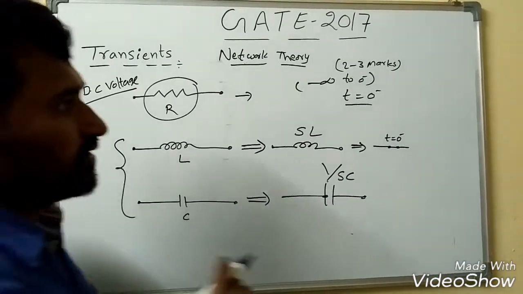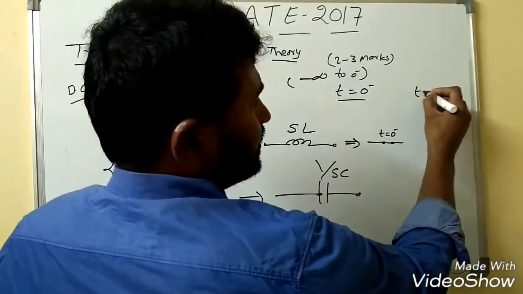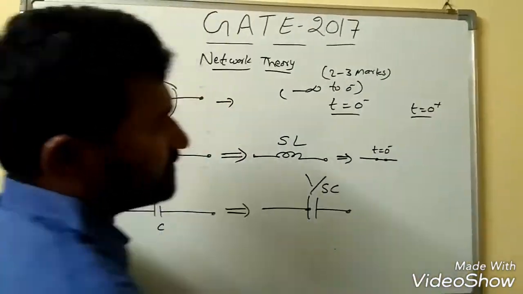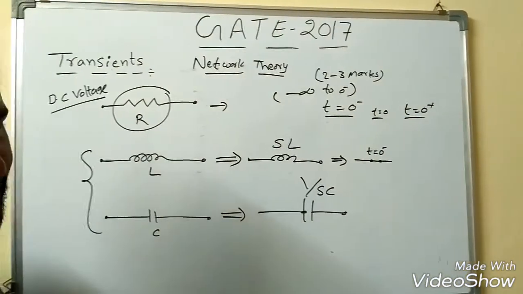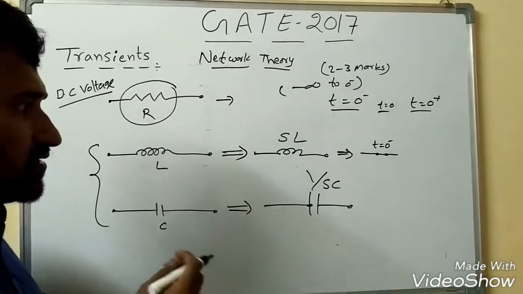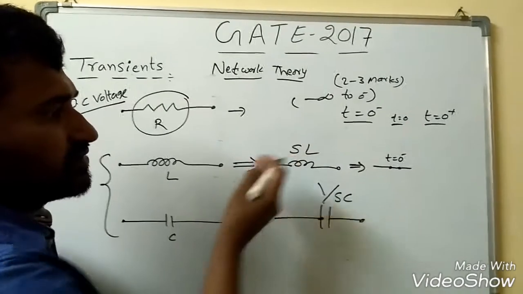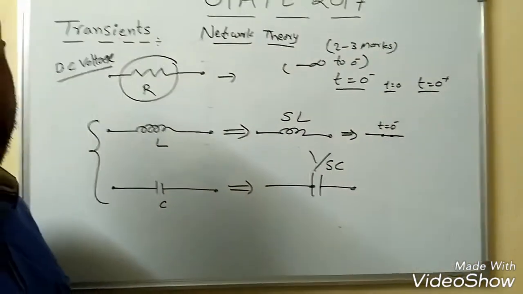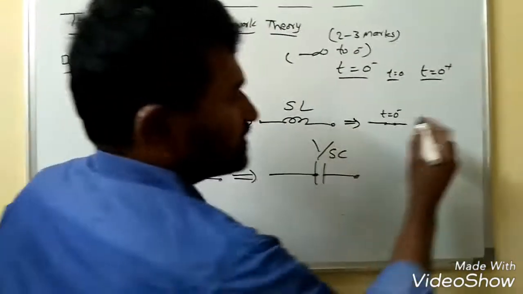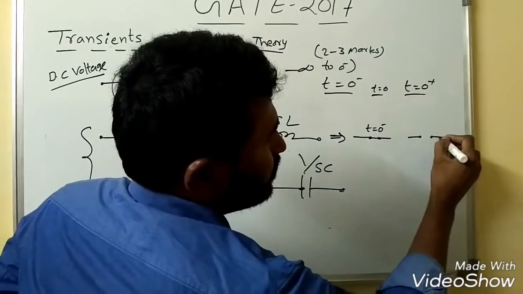Remember this point. Next, at t equal to 0 plus, suppose I apply a sudden change in the voltage or current, a sudden voltage across the inductor. That means it should oppose that variation, so it should behave like an open circuit.